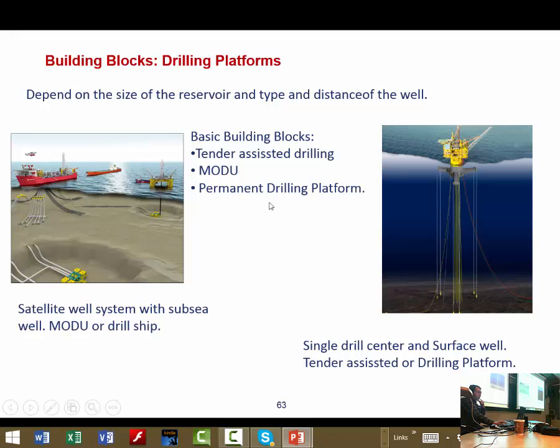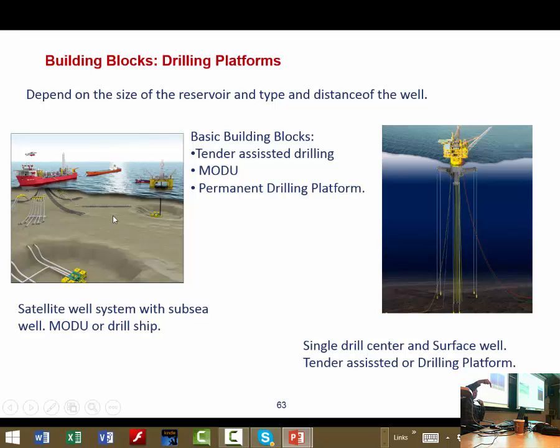So for this case, when you have a satellite well system, you have several wells quite far away from each other. With a subsea well system, you have a Christmas tree on the seabed. Then you should use a mobile offshore drilling unit or drill ship for well services, because then your floating production unit is far from the well and you don't have access to the well.